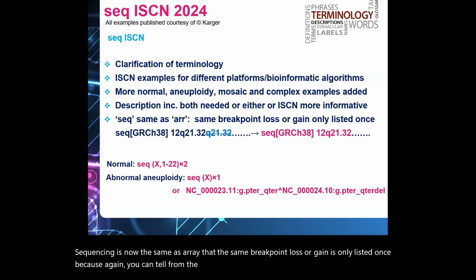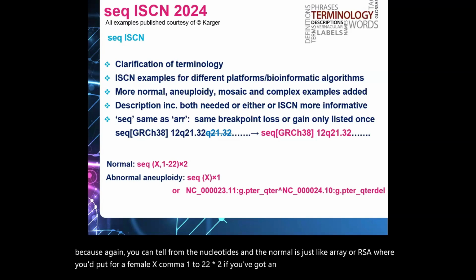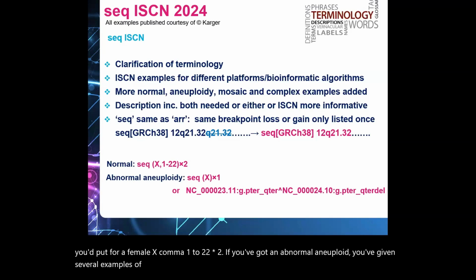And the normal is just like array or RSA, where you'd put for a female, X, 1 to 22 times 2. If you've got an abnormal aneuploidy, we've given several examples of this. If you had a monosomy X, for instance, you can just put sequence space X times 1.